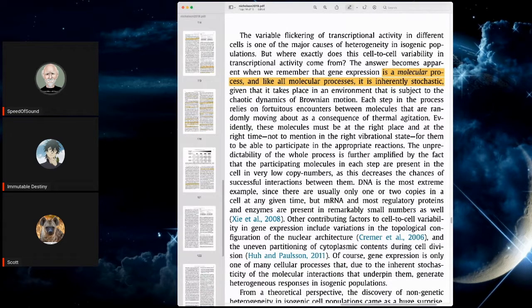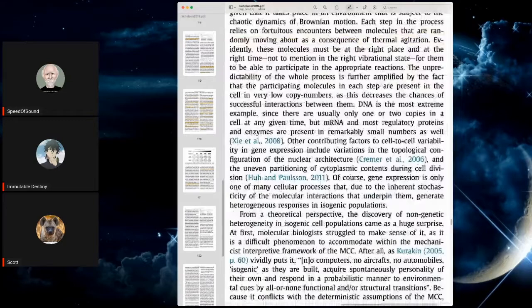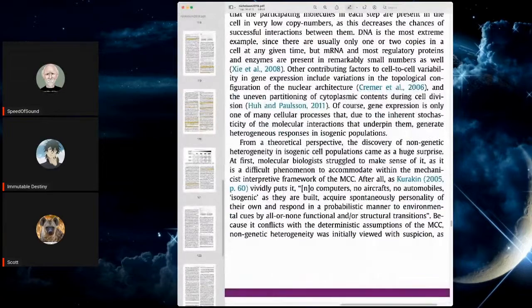Of course, gene expression is only one of the many cellular processes that, due to the inherent stochasticity of the molecular interactions that underpin them, generate heterogeneous responses in isogenic populations. Okay. I'm done.